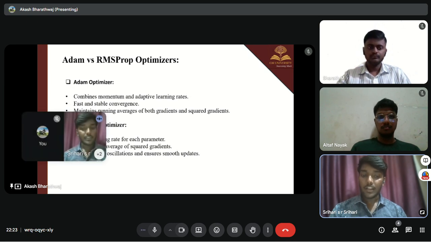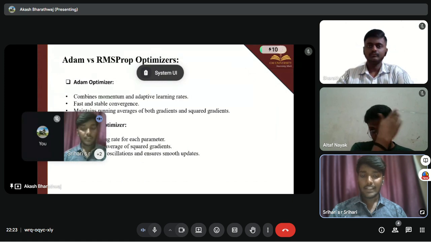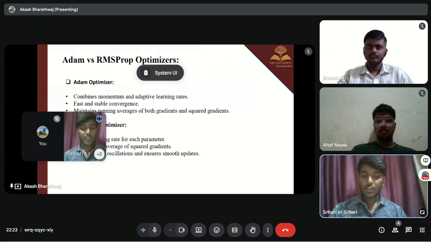The second moment, the average of squared past gradients like RMSProp, scales the learning rate per parameter. Adam incorporates bias correction for both moment estimates, which is especially important during the initial few steps of training when the averages are heavily biased towards zero.